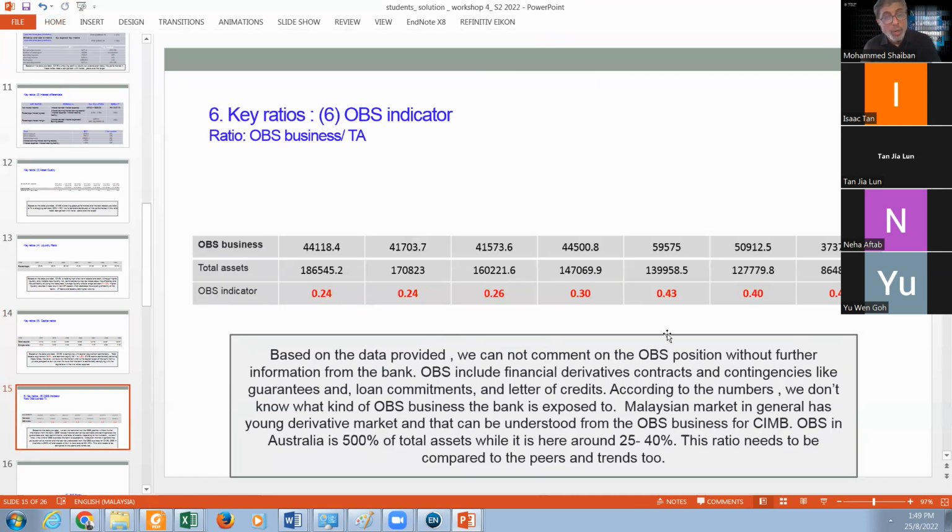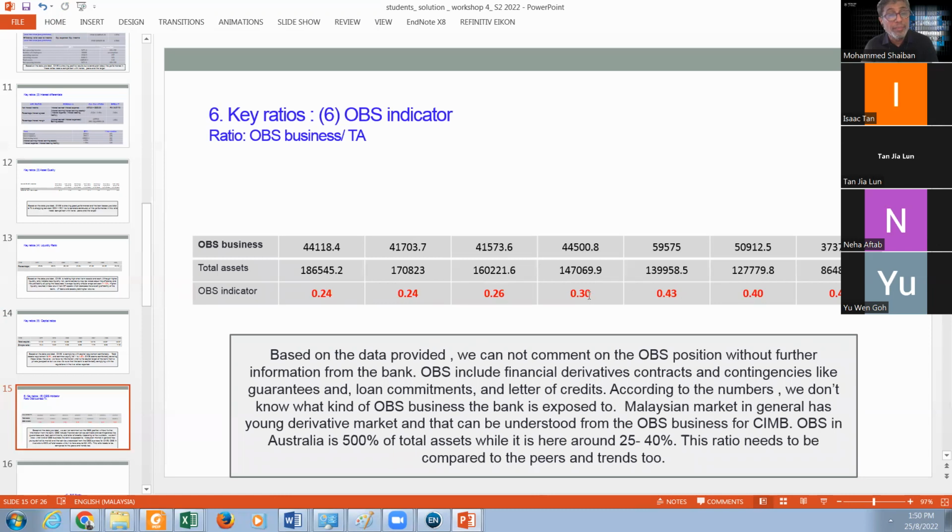Off-balance-sheet items are all these operations out of the balance sheet. So in the US and Australia, you can find it at 543%. In the US, you can find it more than that, about 2000% during the financial crisis.